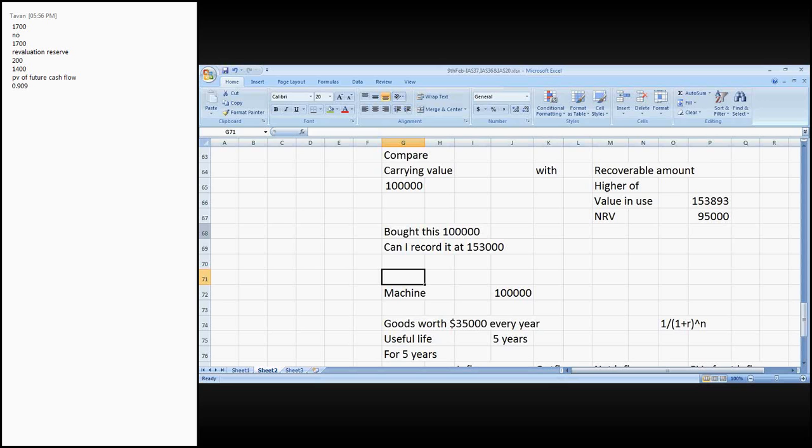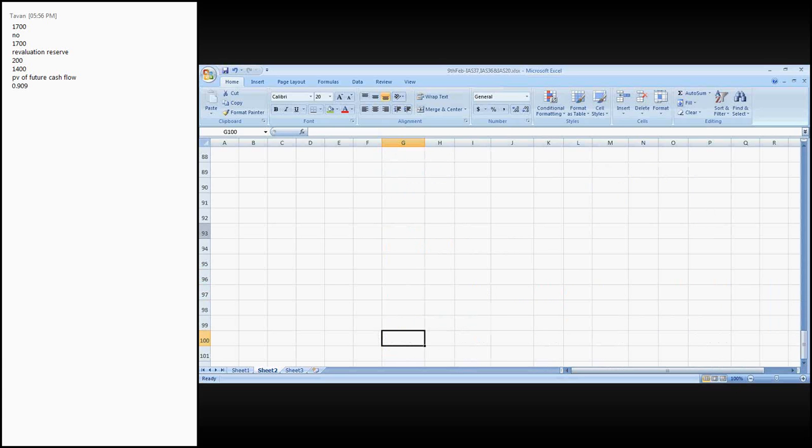Can you not just take the remaining 2 years as the value in use? Because it's next to impossible to identify the value in use, because the machine only does a small part of the production. When I say carrying amount, I did not say that it has to be the value at which I bought it.